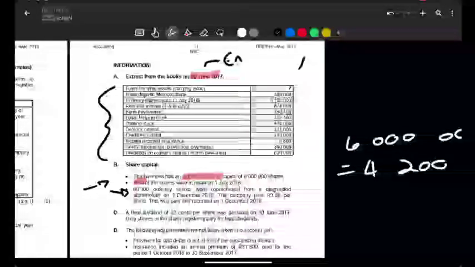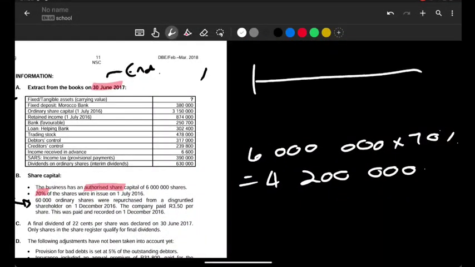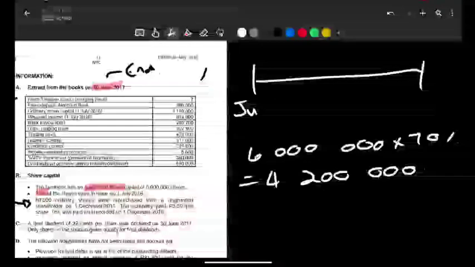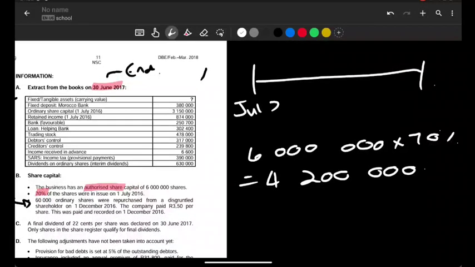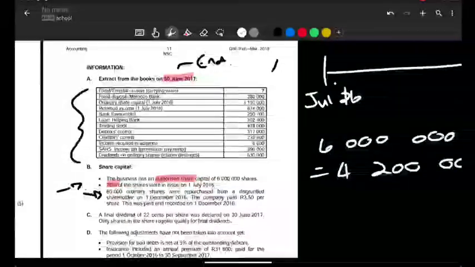Remember, always have your financial year. So June, no, it starts in July 2016. 2016 ends in June 2017. So you must always know when your financial year ends, when it also starts.